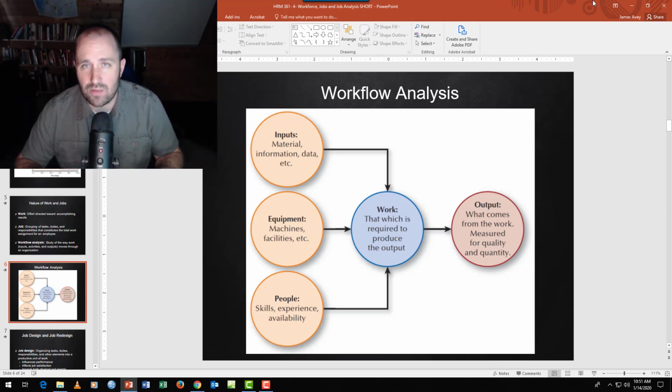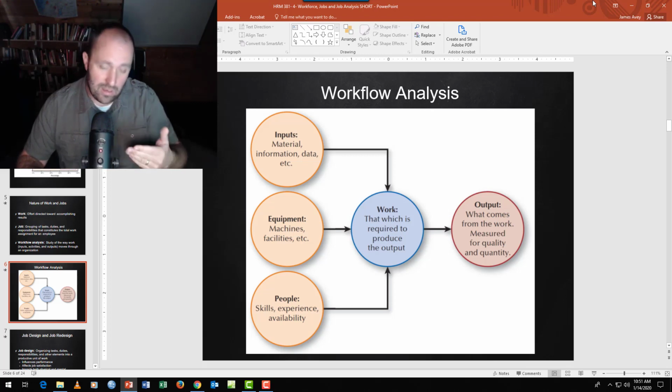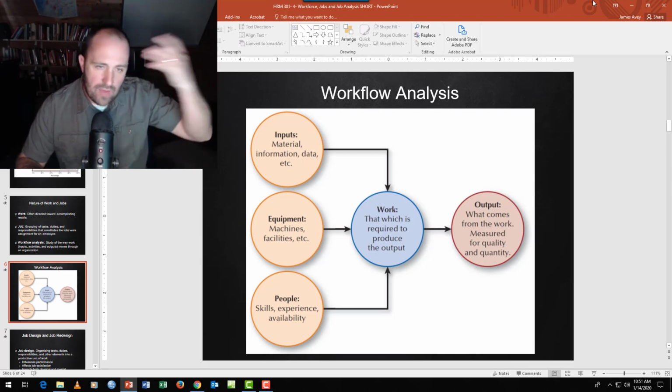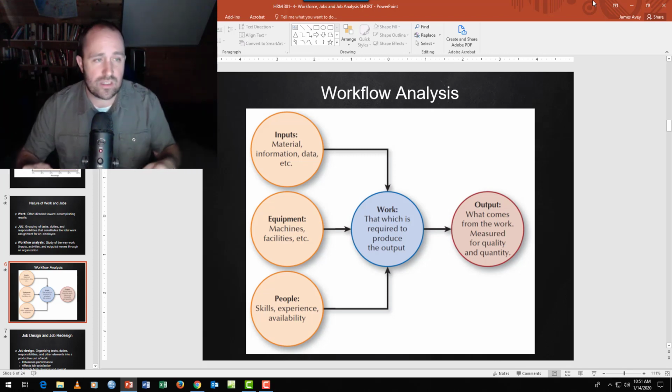So if you think about it in terms of teaching, okay? We have computers, we have technology, we have a microphone, we have a webcam, we have training, we have human minds, we have personality characteristics, and all those things by themselves maybe don't create a lot of value in terms of learning HR.